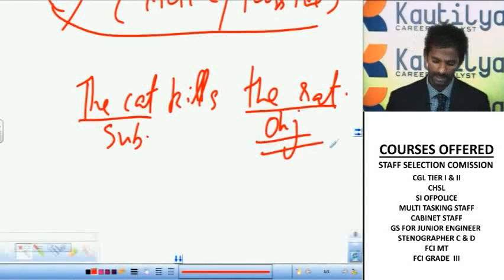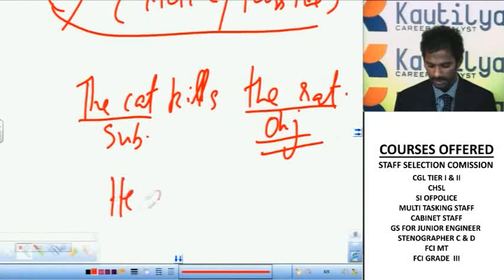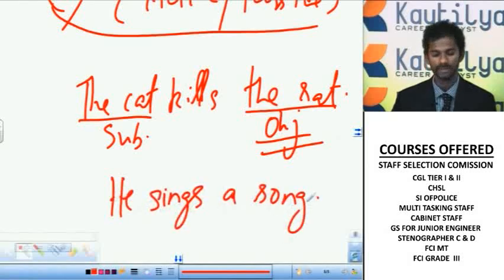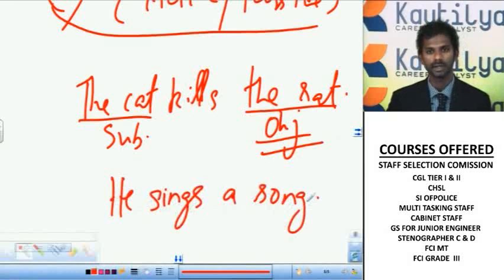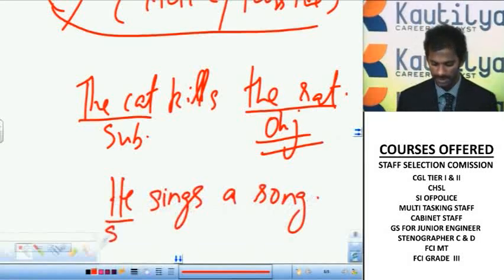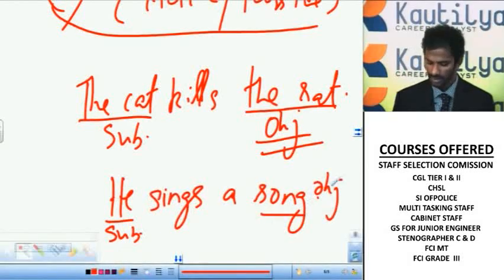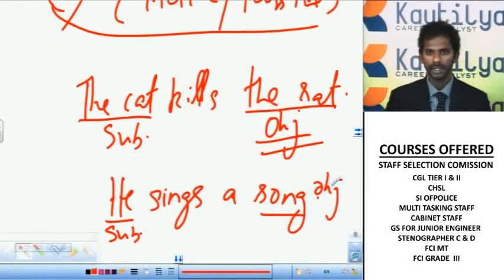Clear? Right. He sings a song. Subject is he. Object is song. Verb is sings. Right? What do you mean by a sentence? A group of words cannot be called a sentence.